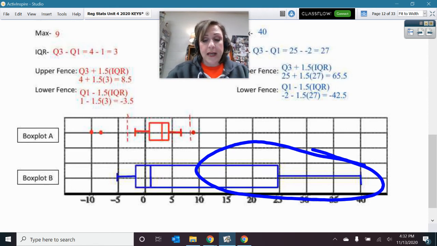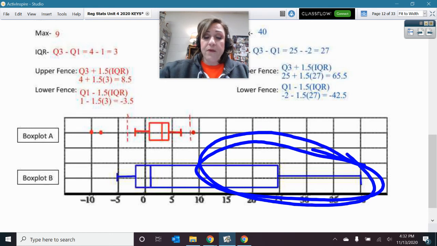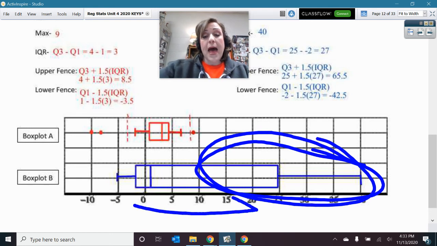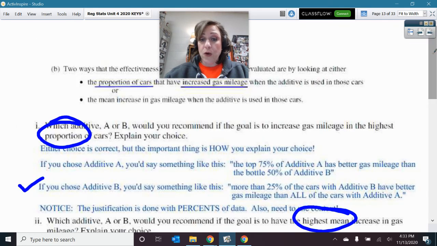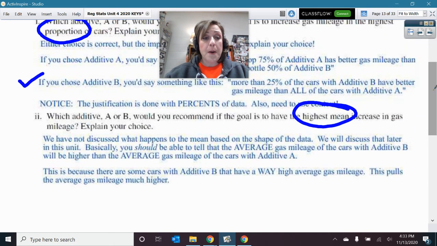Just like if you had a 0 in your grades, it would bring your average down. So many upper values will pull the average up above that median. So we would say and speculate, and I think it's a fair speculation, that additive B would have that higher mean. So it would be the best.